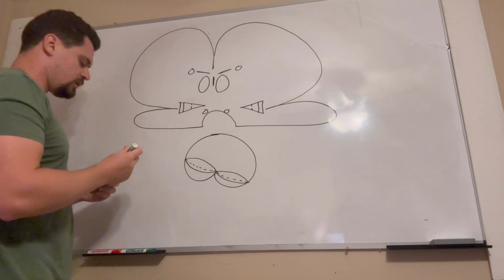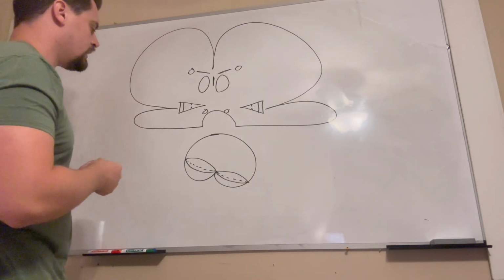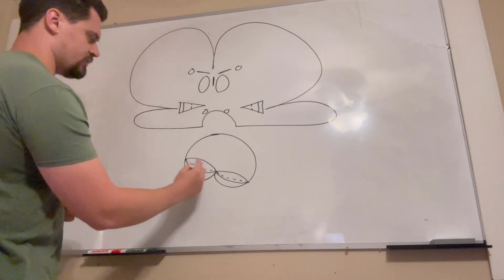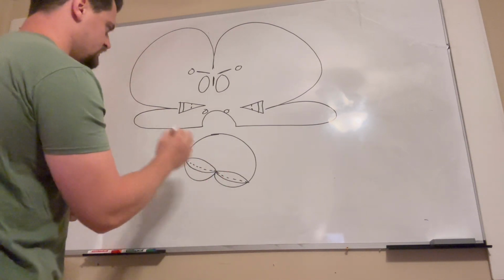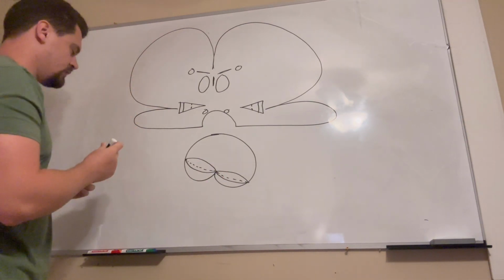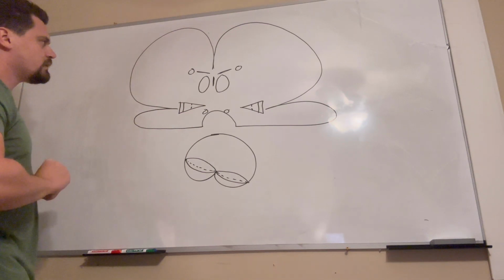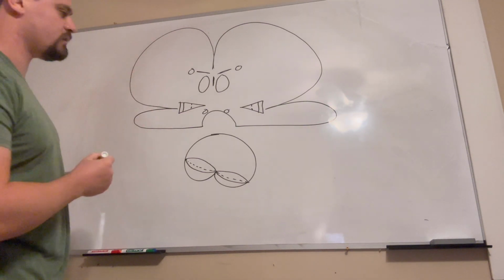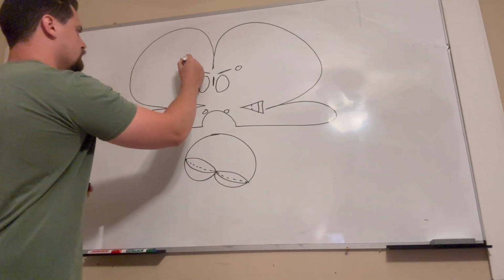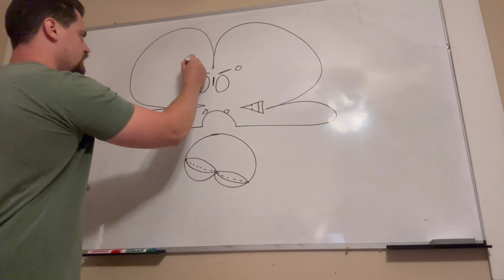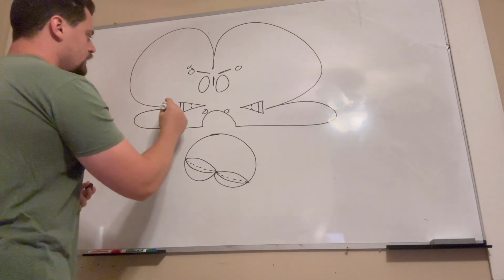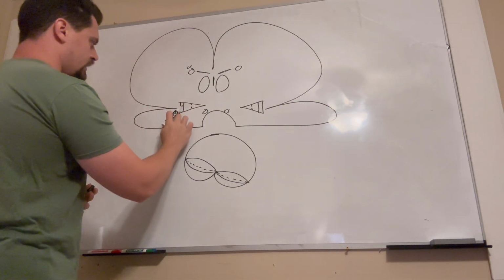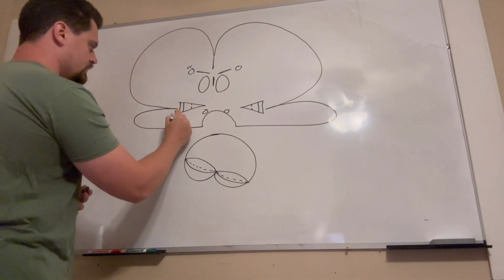And then this is our substantia nigra right here, and it's divided up into two parts as well. If we go back, I'm going to abbreviate these: the caudate nucleus, and this part right here is the putamen.